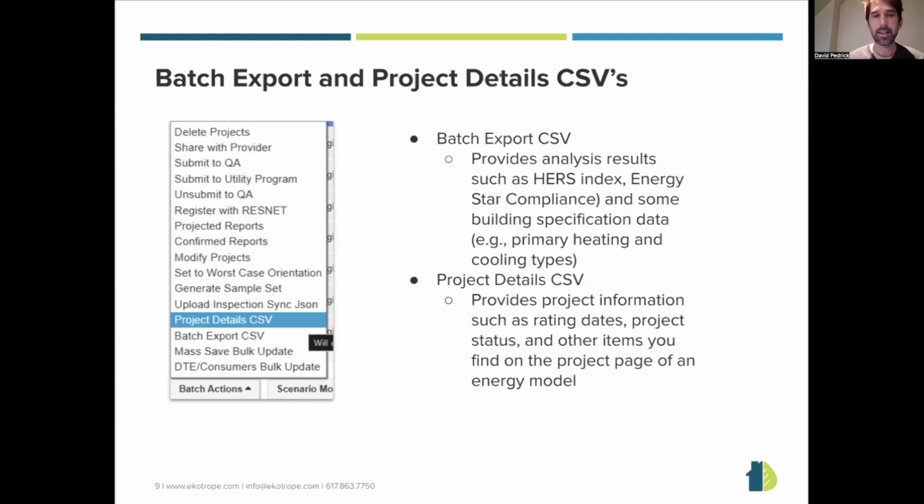And again, you can download this for hundreds of files at a time and get this information if you're trying to check to see what builders have had their projects registered or whatnot for some reporting there. This one's a little bit faster, but it's still the same thing where it will email the results to your email once it's ready to go.